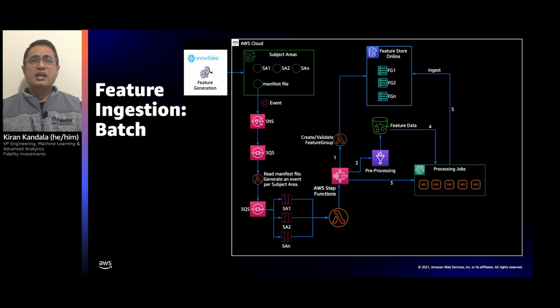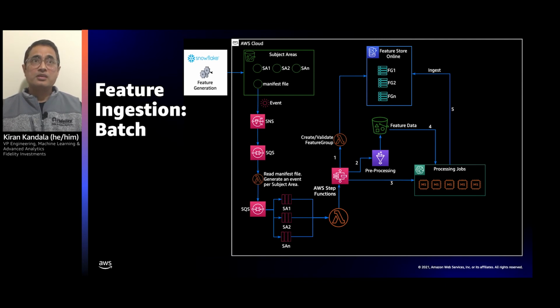There are roughly 100 plus features for each of the subject areas. Some have more, some have less. Features generated for each subject area are written to an S3 location. After all the subject areas are generated, we write out a manifest file. The manifest file will have the location of each of the subject areas.